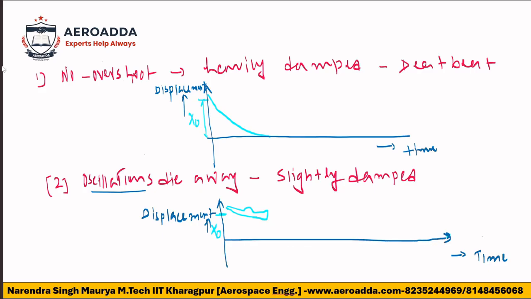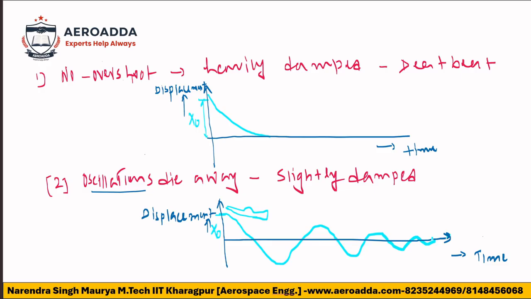See the graph. Check. The oscillation dies away, that oscillation is gone after the disturbance. So this is the required, this is the desirable actually.